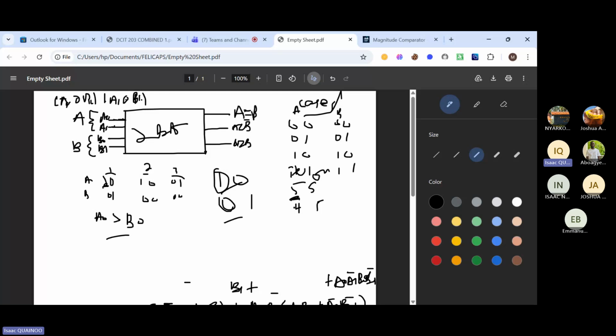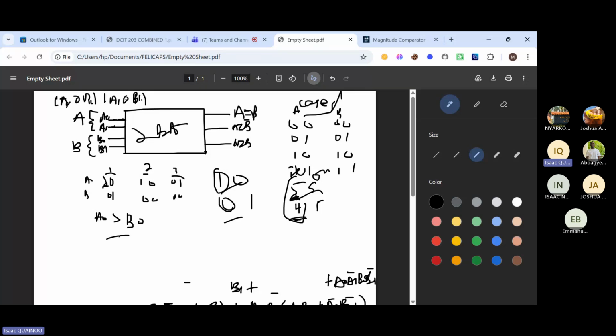So this is your MSB, your most significant bit. If your most significant bit is bigger than the most significant bit of the other number, then there is no need to move to the next one, because automatically the first number will be greater than the second. So a universal rule is that if the first digit of your first binary number is greater than the first digit of your second binary number, then automatically the first number is greater.